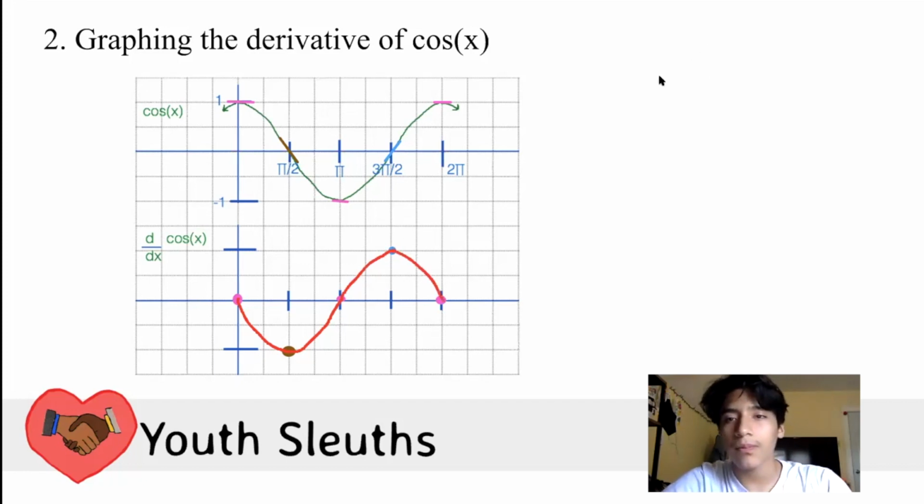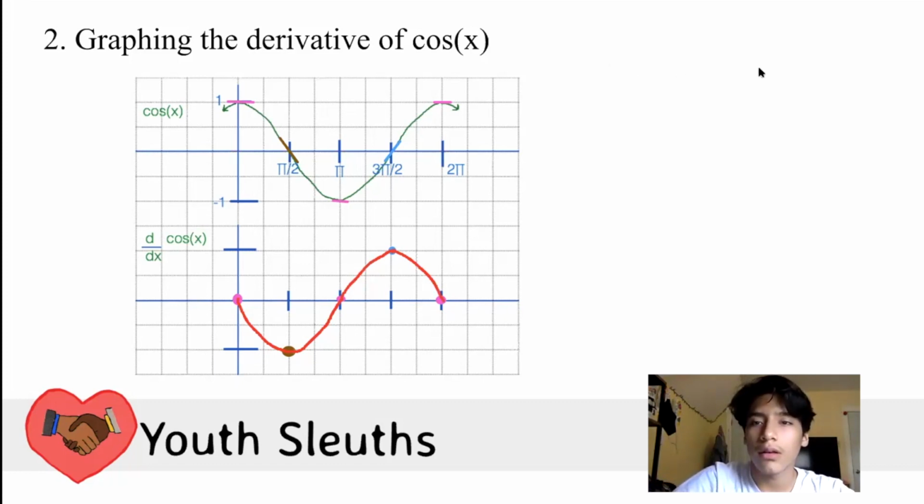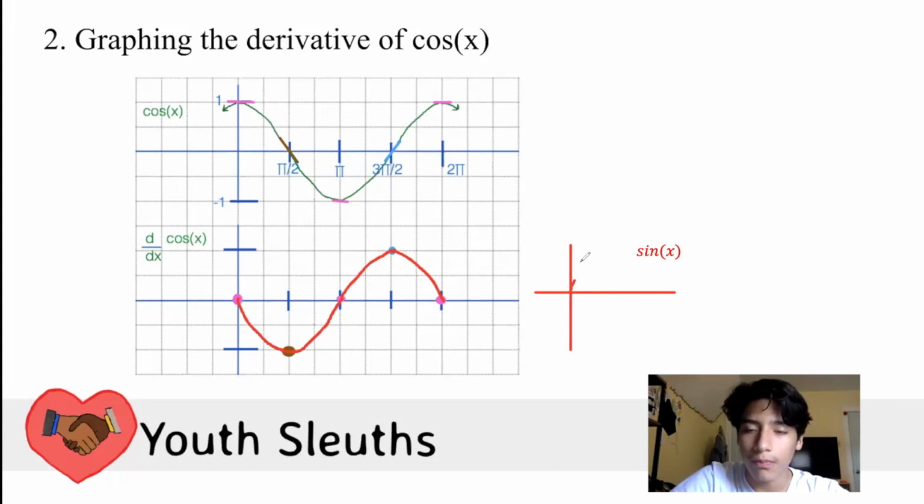And so the derivative of cosine, you can notice that it looks like sine. It's just that the sign is flipped on its x-axis, which means that the derivative of cosine is just negative sine of x.